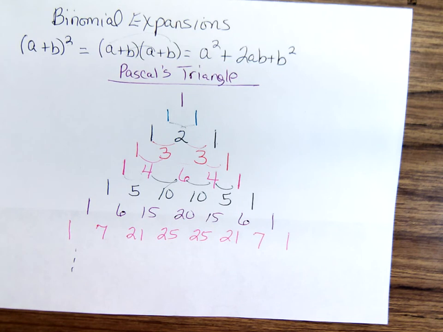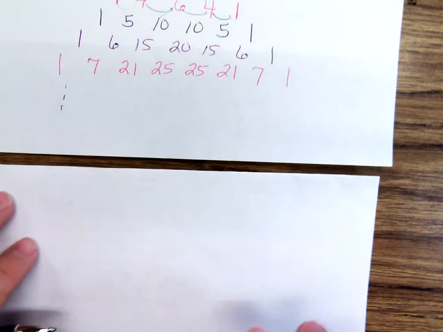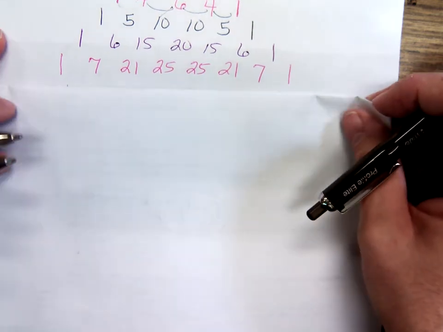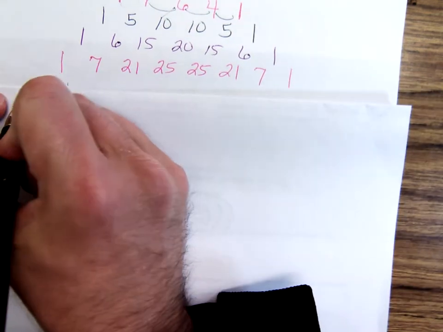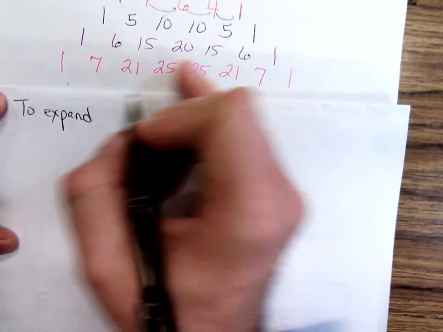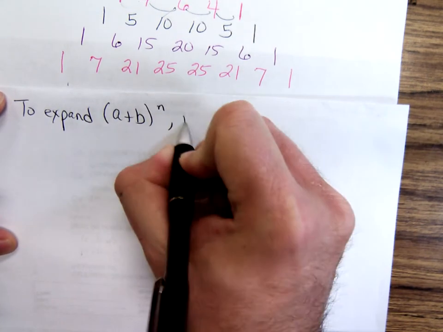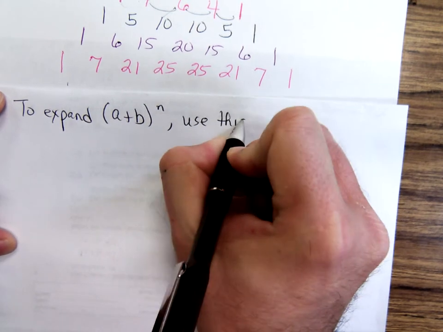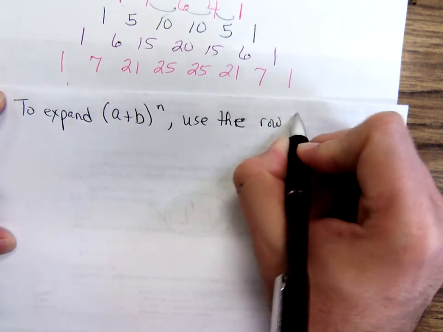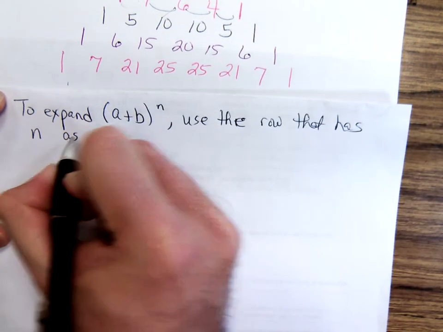Now, what are we going to do with this triangle? To expand a plus b to the nth power, use the row that has n as its second number.